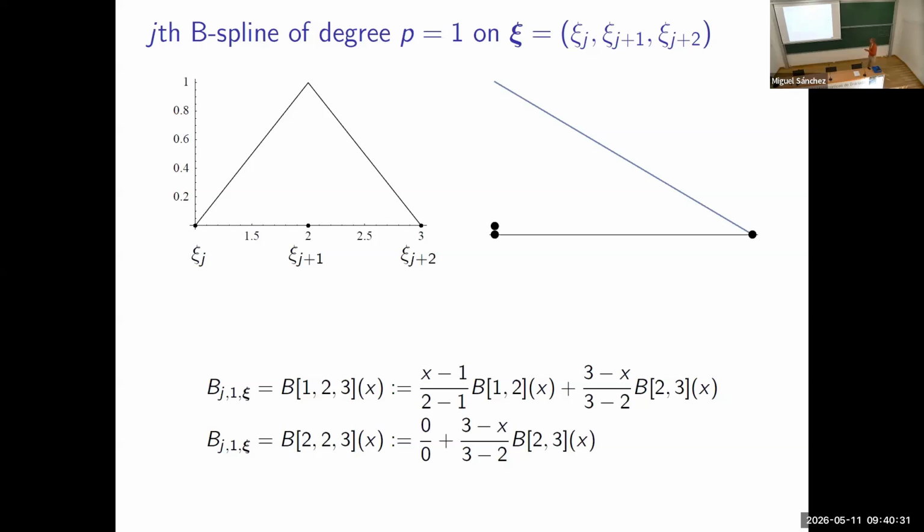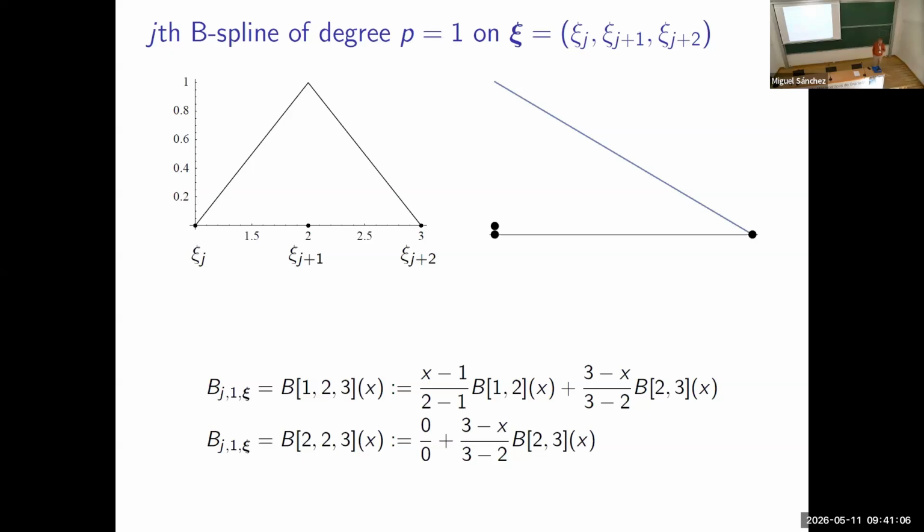But there could be multiple knots. For example, if Cj and Cj plus 1 are equal, then you get 0 over 0, have to use the 0 over 0 convention, and you only get this one term, which gives you this straight line. So it will be equal to 1 here and 0 over there. That's a piecewise linear case, which you can compute using the recurrence relation.